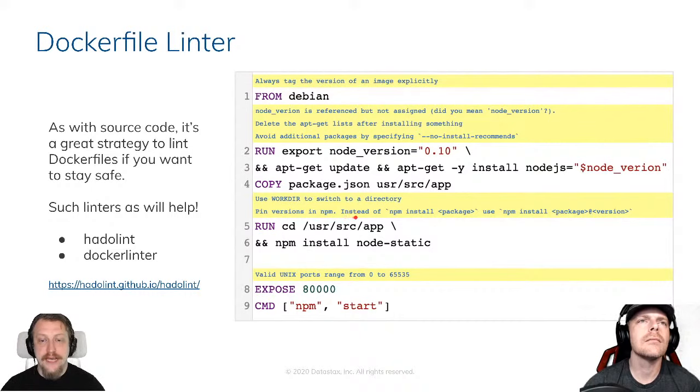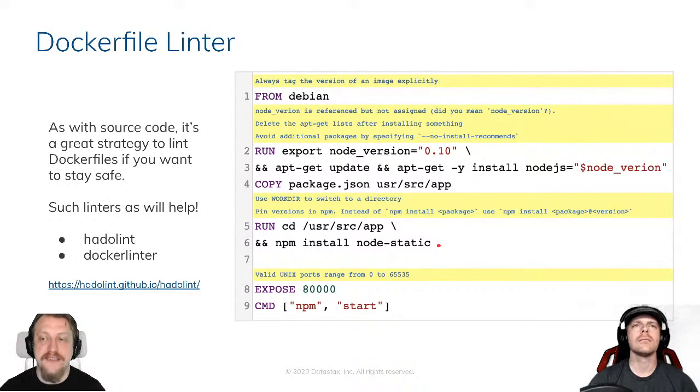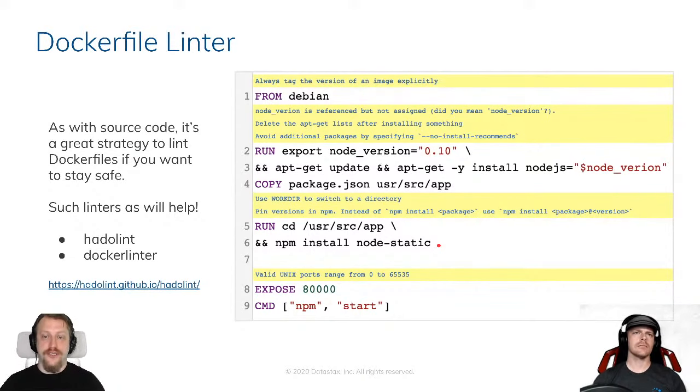Pin versions in npm. Instead of npm install package, use npm install package@version. That's exactly what I told you before with apt-get install. Install specific versions. That's the best practice. And EXPOSE 80000. Valid Unix ports range from 0 to 65535. This is a wrong port.